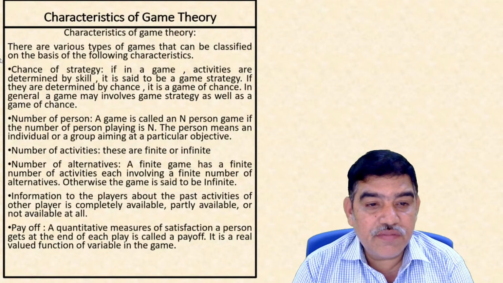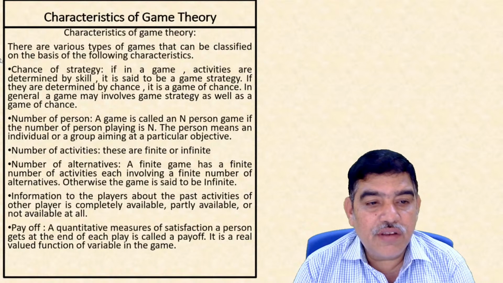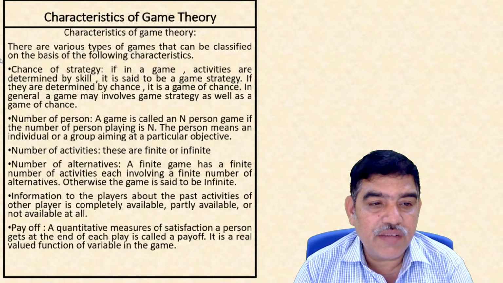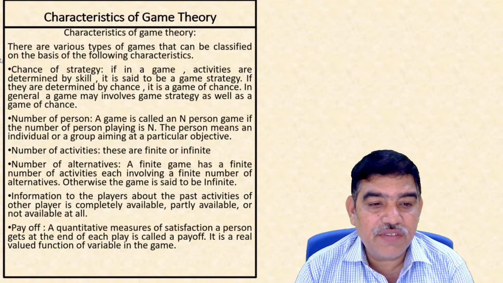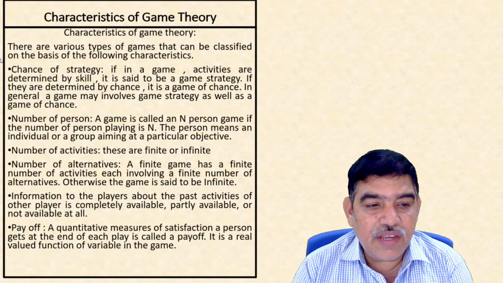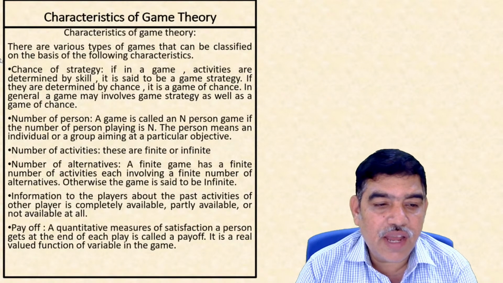Number of activities. These are finite or infinite. Number of alternatives. A finite game has a finite number of activities, each involving a finite number of alternatives. Otherwise, the game is said to be infinite. Then information to the players about the past activities of other players is completely available, partly available, or not available at all.